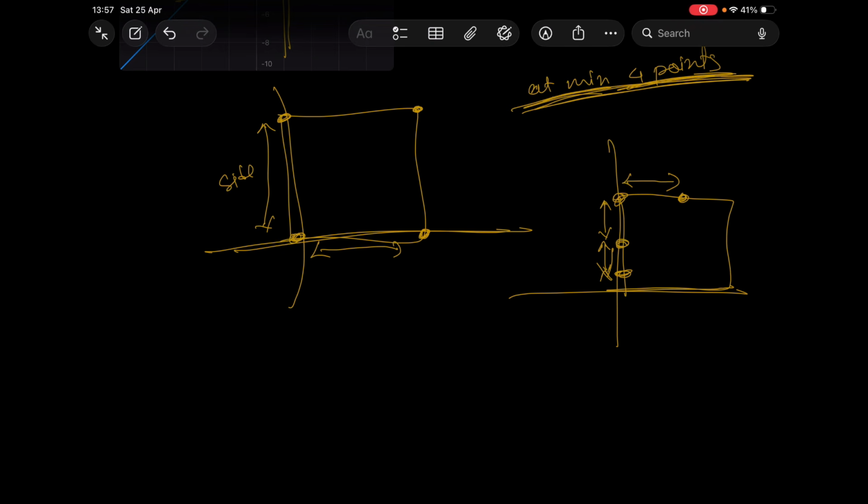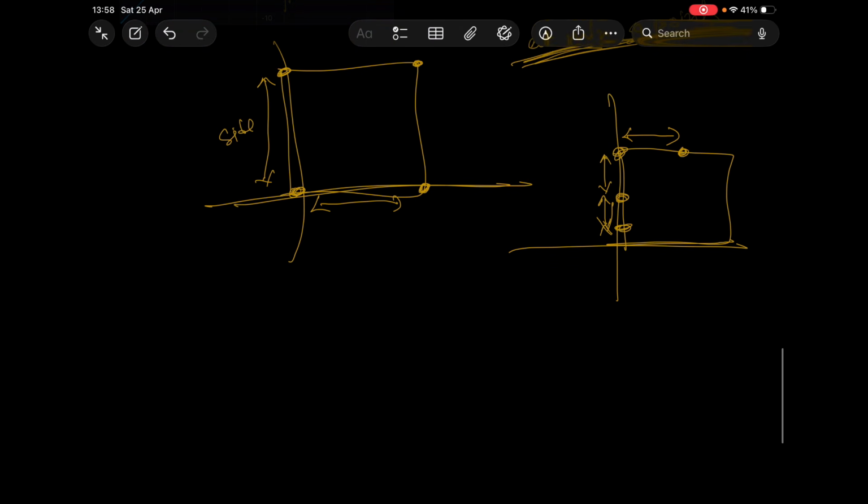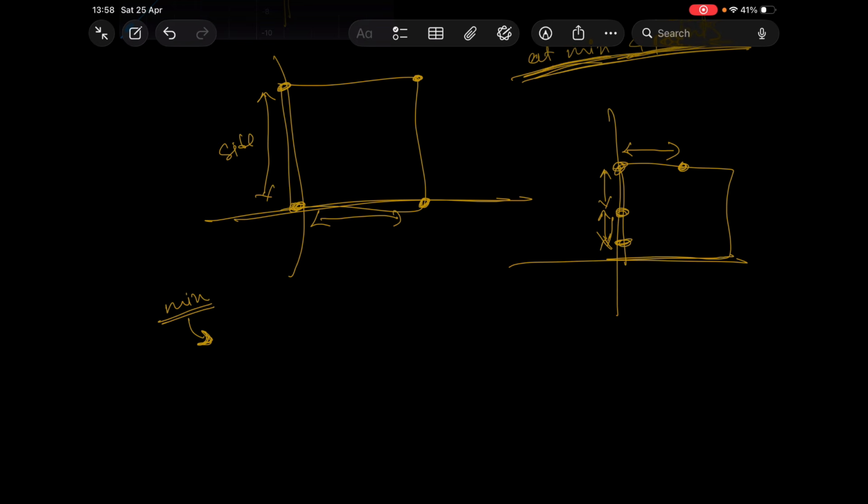One thing is that the question itself says the minimum for the points length is 4. So at max, if we plot these points like this, then the minimum distance we can get between them is side.